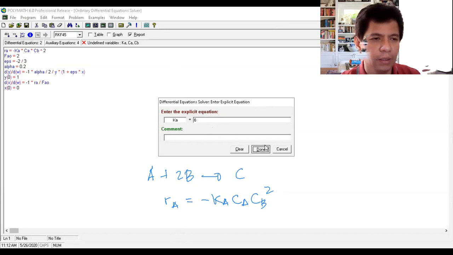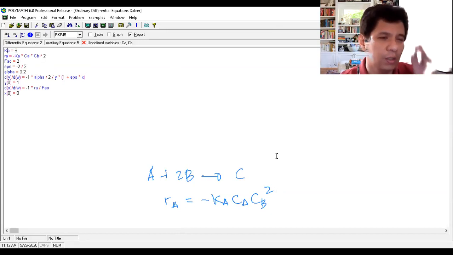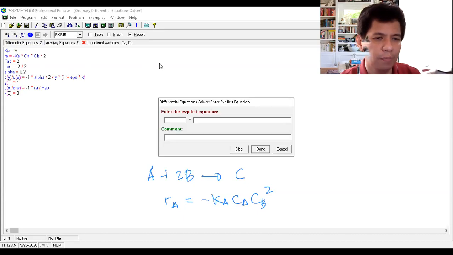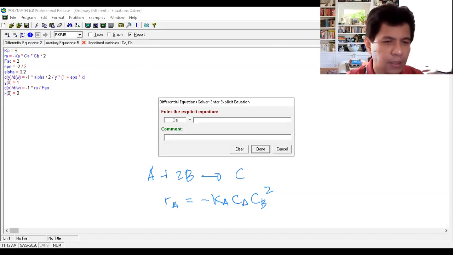Okay, done. And then we need to have some equation for C sub A and C sub B. So here we will enter C sub A is equal to 1 minus XA. So just use 1 minus X. This is the conversion.